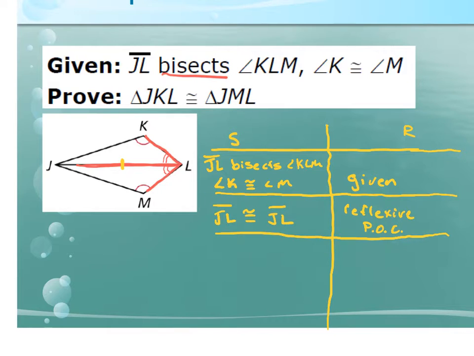All right, you guys told me something that we haven't addressed yet. You told it to me in plain English. We just haven't addressed it in math speak yet. We talked about what it means. Now we just need to turn it into actual math speak. Angle KLJ is congruent to angle MLJ. Let's talk about why.